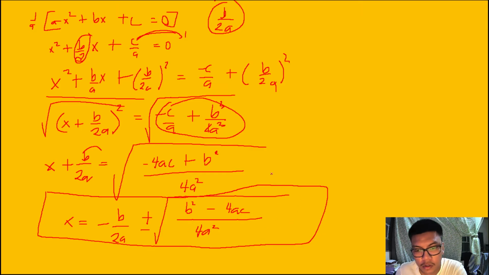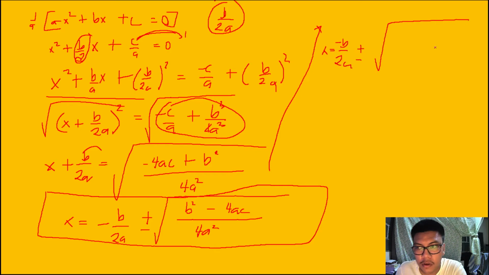So pwede pang i-reduce yan into, so we have x is equal to negative b over 2a plus or minus square root of b squared minus 4ac. So yung ating 4a squared pwede natin ilabas, so magiging 2a. Ilalabas natin yung square root.